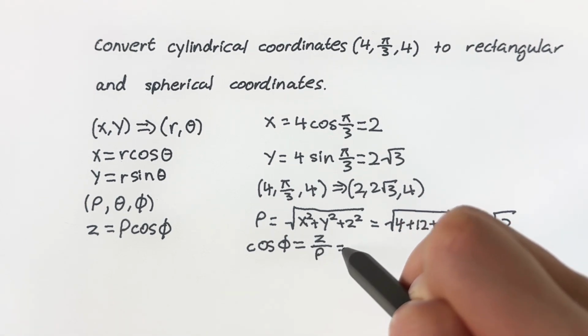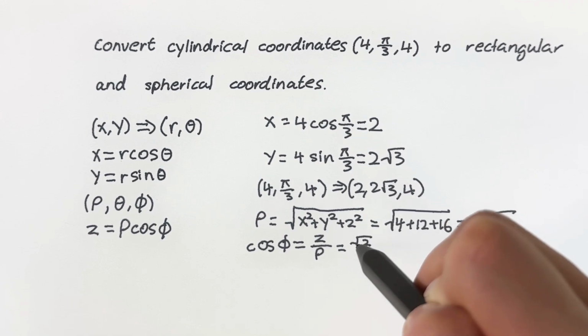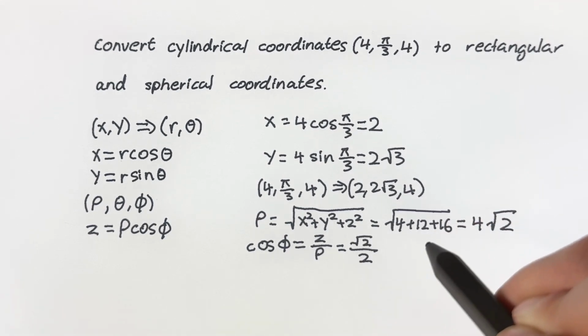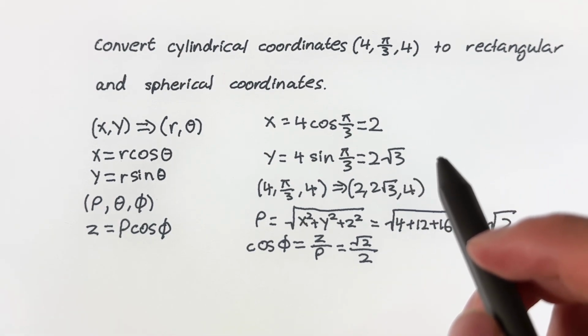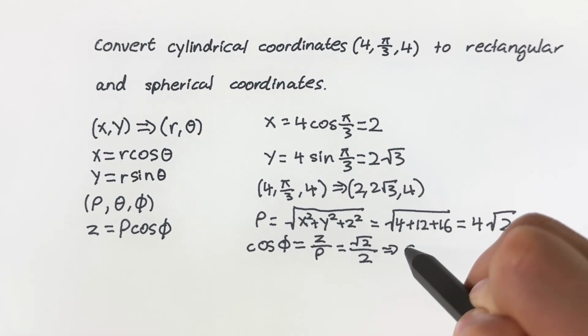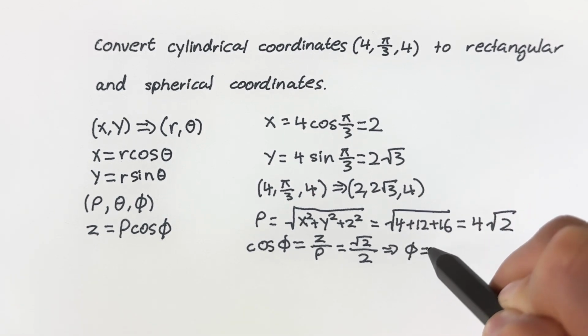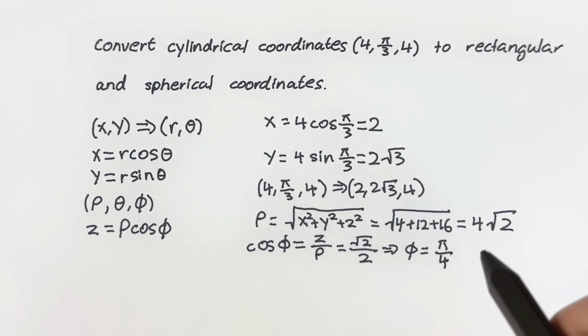So this will equal 1 over square root 2, which is square root 2 over 2. So you'll get that phi will equal pi over 4, which is 45 degrees.